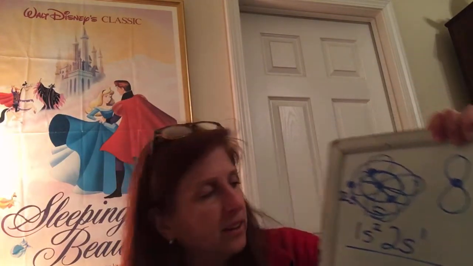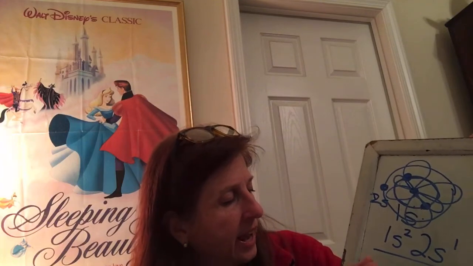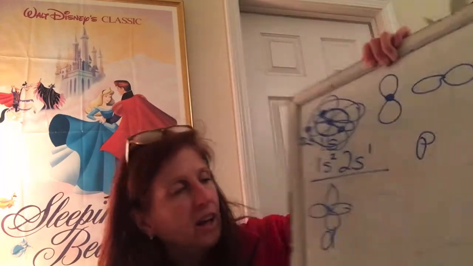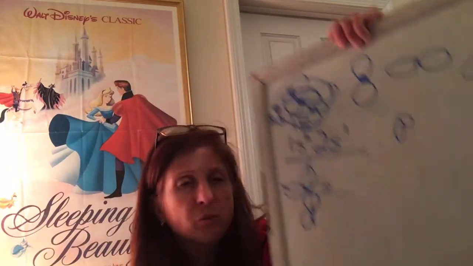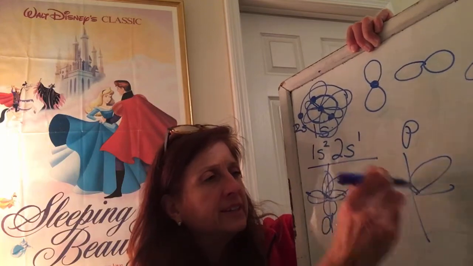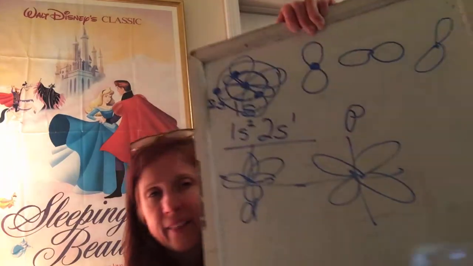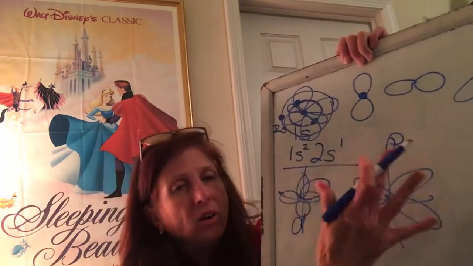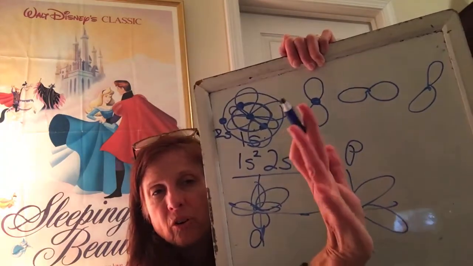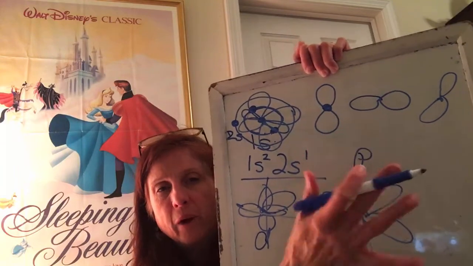The next kind are D's, and they kind of look like fat pluses. And they can go on the X-Y axis, or they could go between the X and Y like that. Or they can go the other way, so they can be flat against the board or coming out at the board, either way.